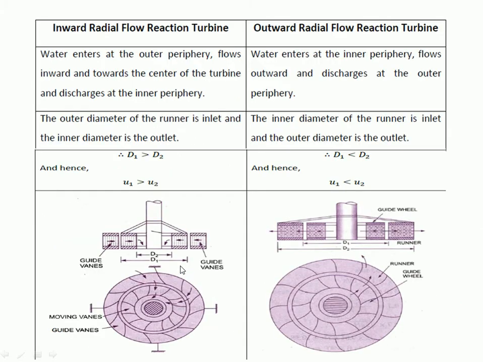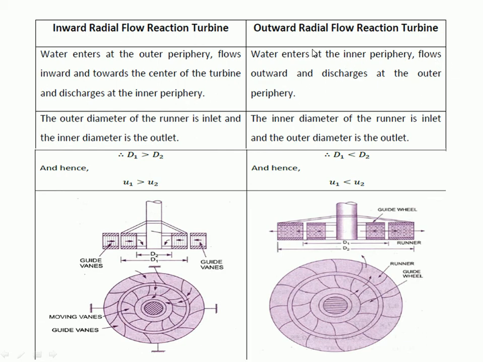Then there are differences between the inward radial flow reaction turbine and the outward radial flow reaction turbine. Let us understand what that difference is. For the inward radial flow reaction turbine, water enters at the outer periphery, flows inward towards the center of the turbine and discharges at the inner periphery.